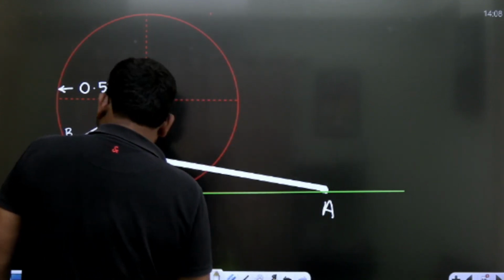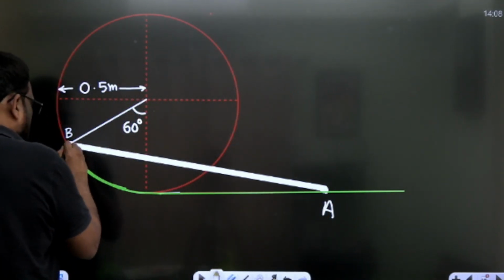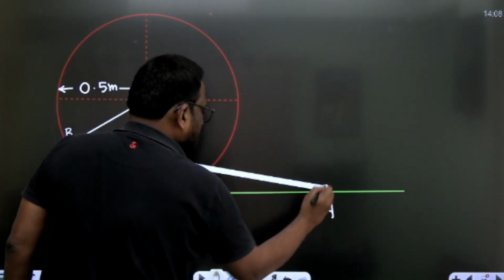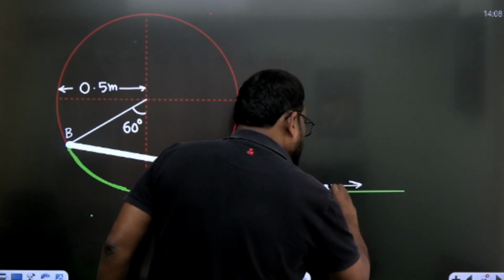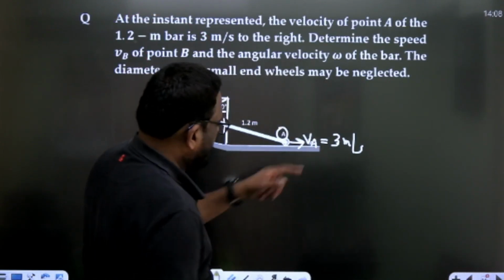This link is sliding, and this is point B, and this is point A. And this velocity is given, कितना दिया सर? 3 meter per second.